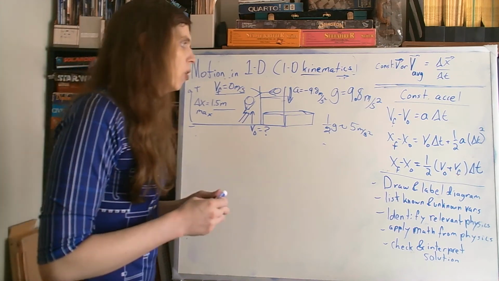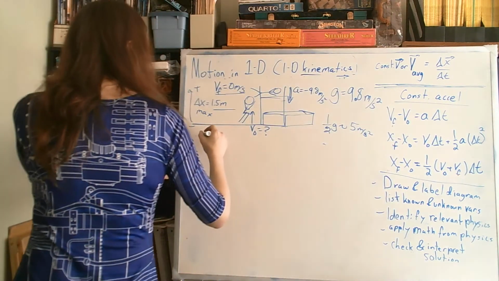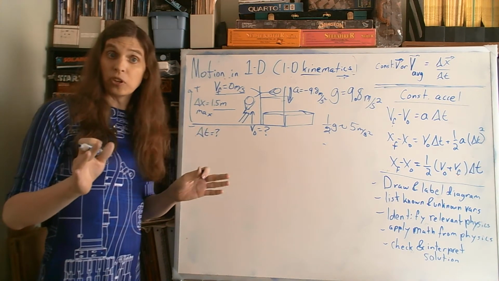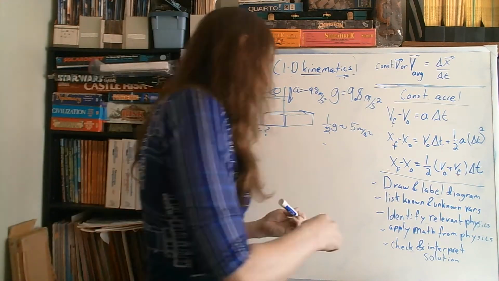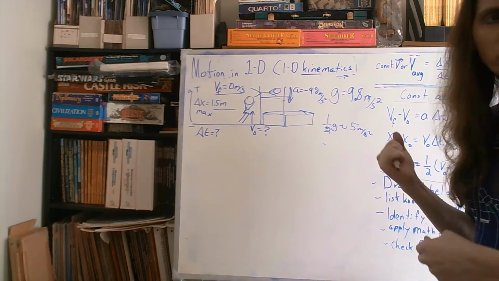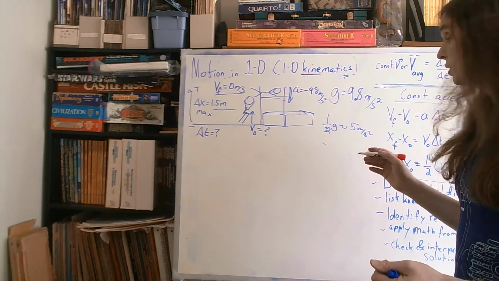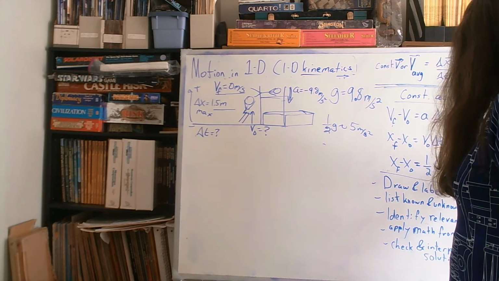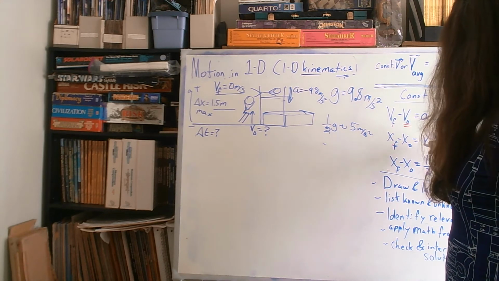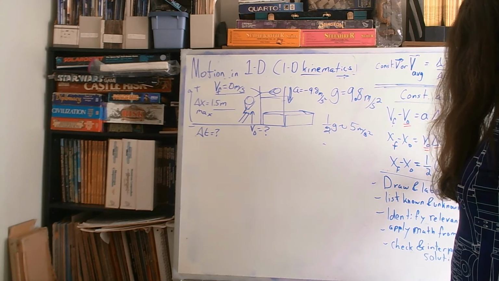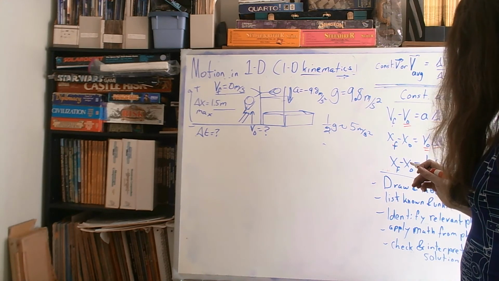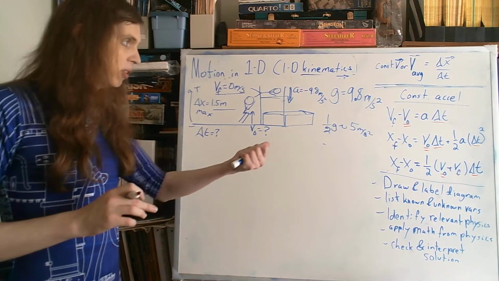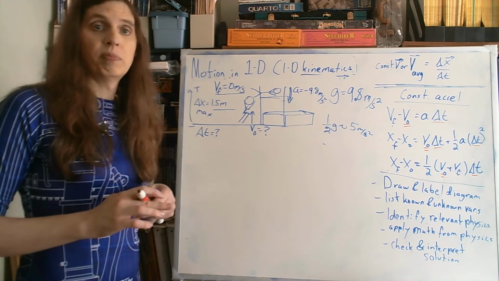We don't actually know the time of flight either, but I'm not going to bother to solve for that, I'm just going to note that we don't know it. Let's take a look at how we would approach this based on our older techniques. So we don't know the time. We also don't know the original velocity. But we know everything else. Those are the two unknowns.